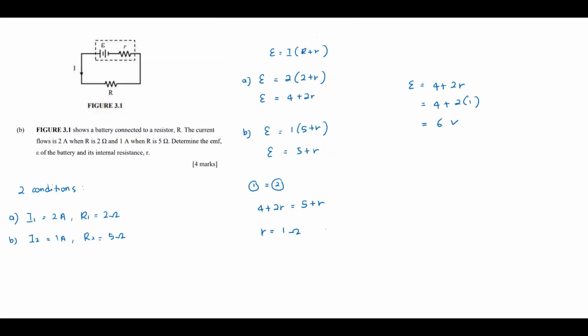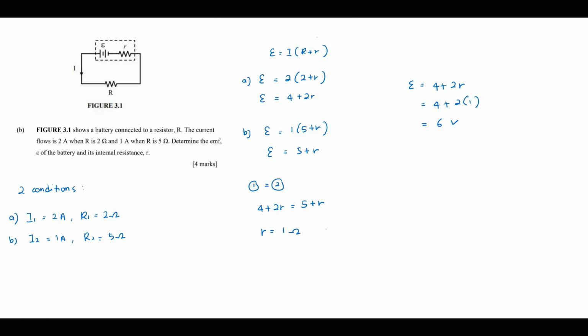For question 3b, figure 3.1 shows a battery connected to a resistor R. The current flow is 2 ampere when R is 2 ohm and 1 ampere when R is 5 ohm. Determine the EMF of the battery and its internal resistance.